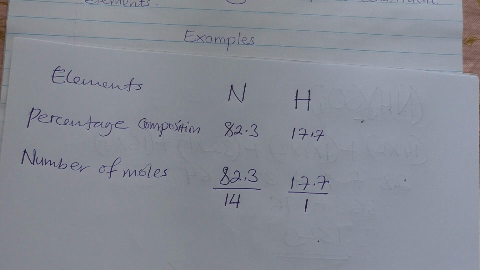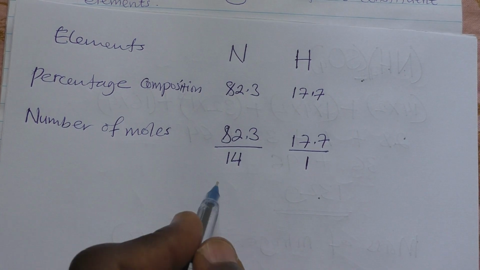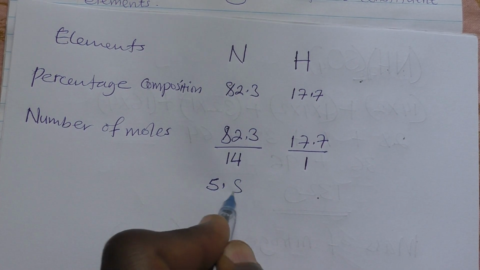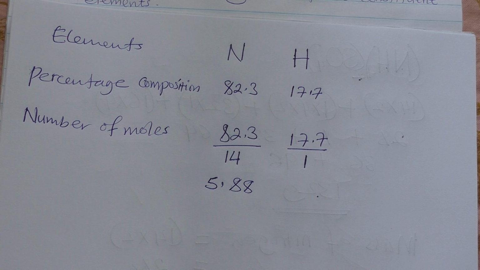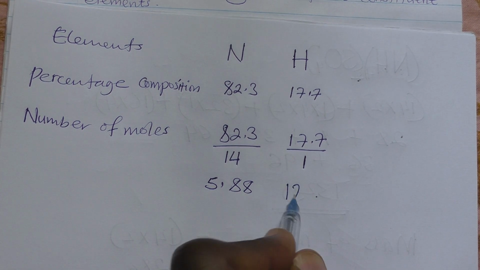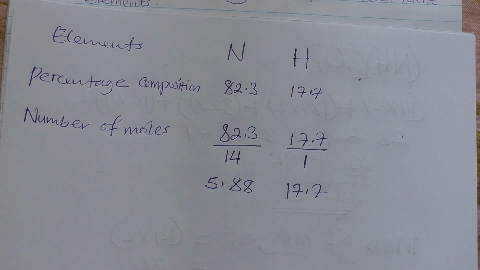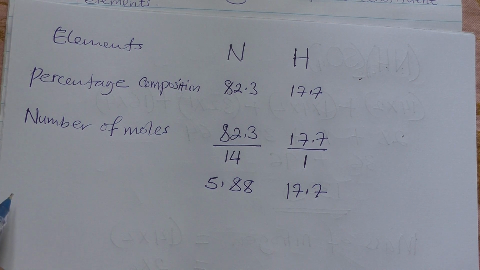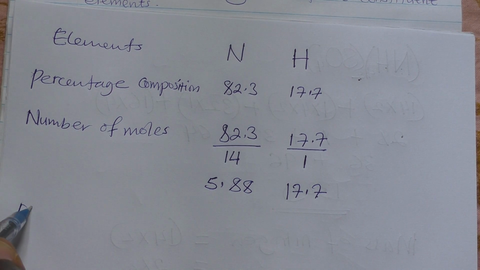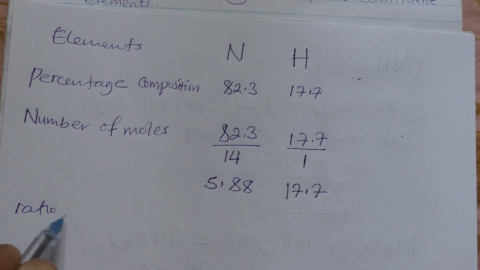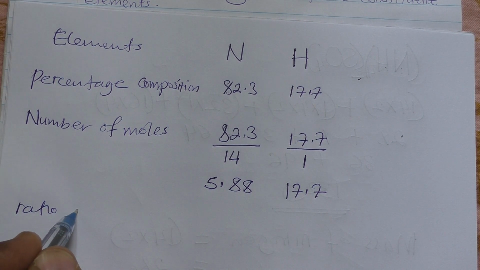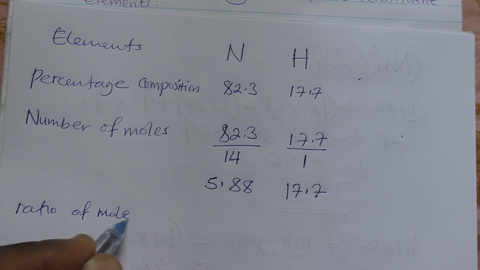So when we divide, that is 82.3 divided by 14, we end up with 5.88, and then this one gives us 17.7, and then we shall get the ratio of moles.